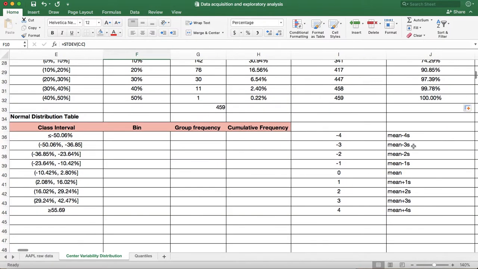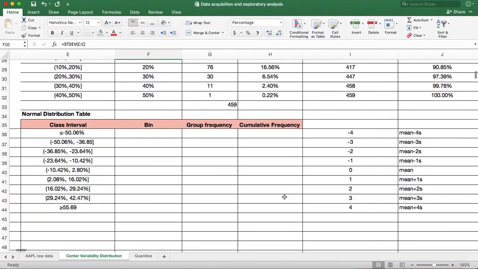That means we build the bin like this: the center is the mean, and then mean minus one standard deviation, and mean plus one standard deviation, etc. Keep going on. So let's do this.